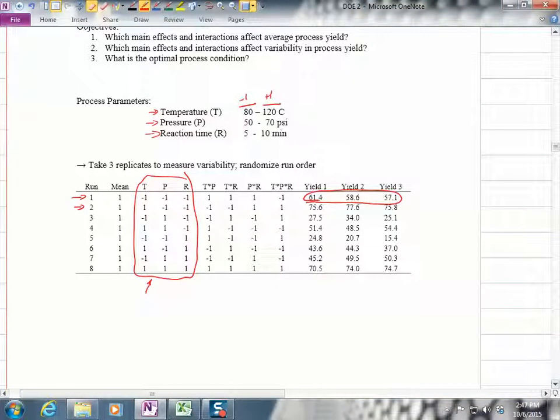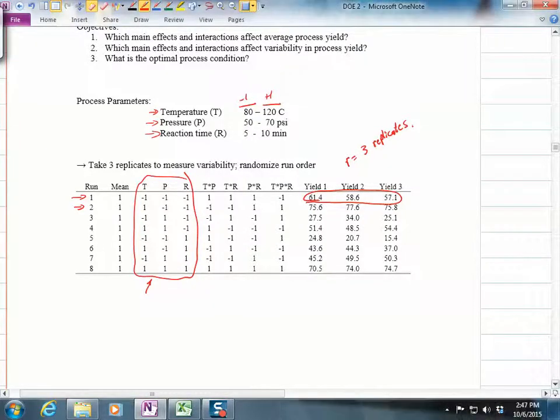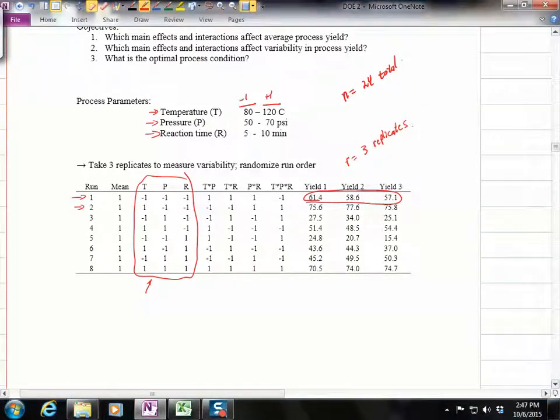Sometimes we'll say R for 3 replicates. So the total number of runs is 24. Did that math in my head. It's kind of impressive. All right, so we did 24 total runs.